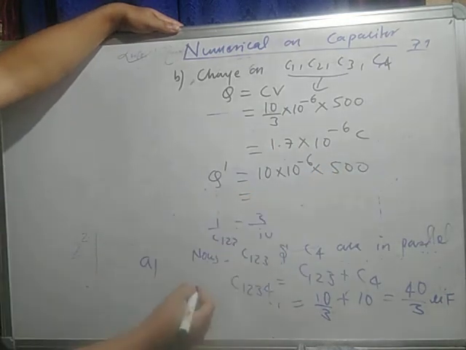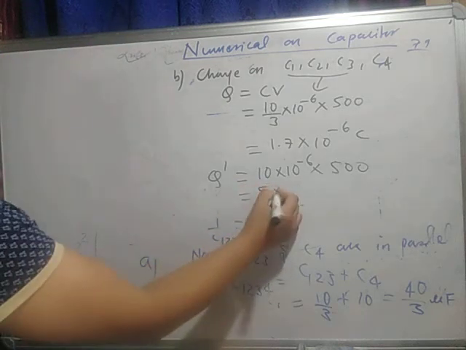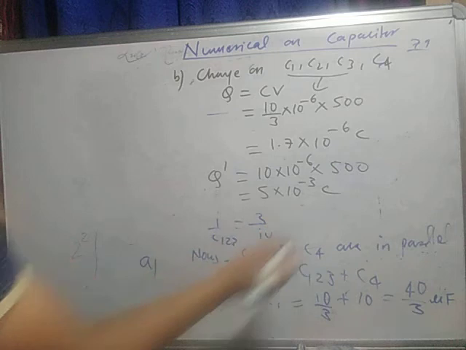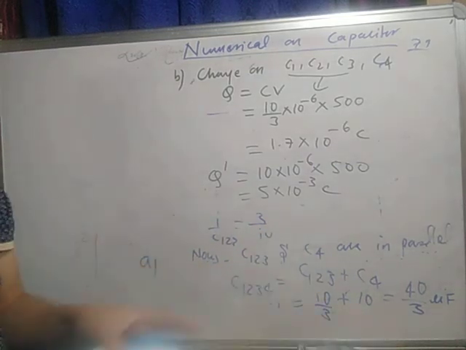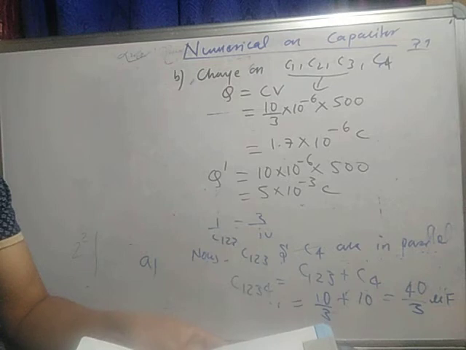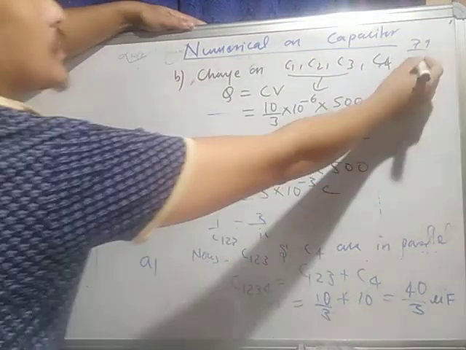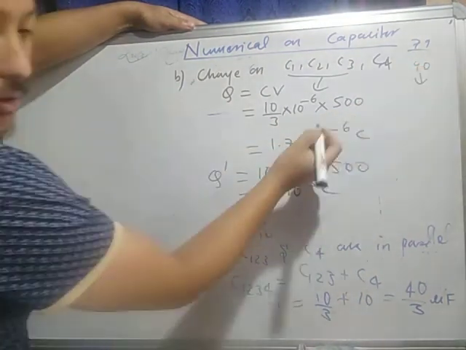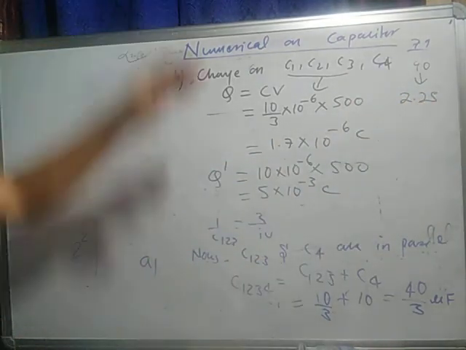So CV gives 5 into 10 to the power minus 3 coulomb. In your book, the same diagram is in the exercise on page number 90, question number 2.25. Do it.